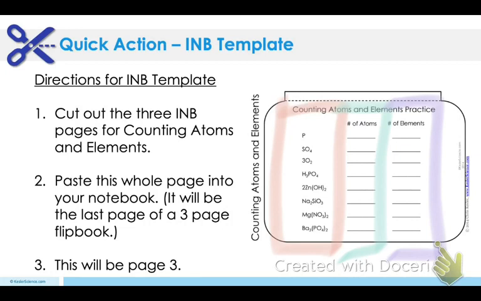So go ahead and pause here so you can write those columns down. Make sure that you write all of them down. You don't need to fill in the number of atoms and element information. You're going to do that at the very end.